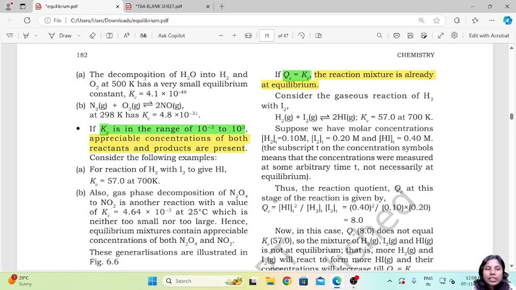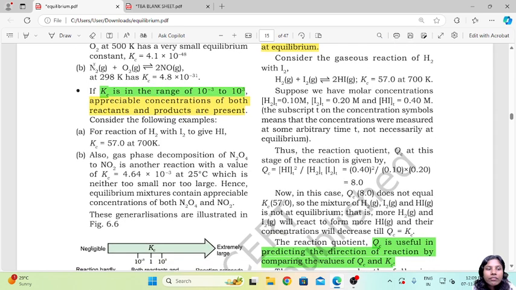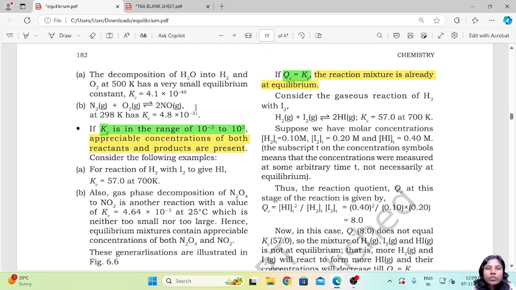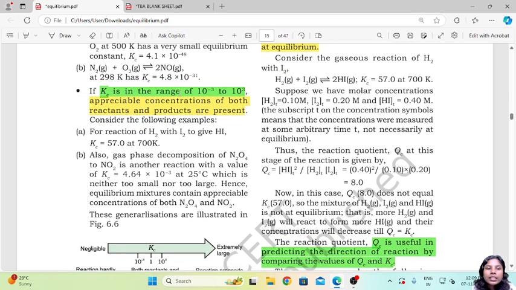So here we can say that a lot of H2O is still remaining on the reactant side, not getting converted to the products. In the same way, for N2 plus O2 giving NO, here also we have a quite small value of equilibrium constant. So we can say that the reaction rarely proceeds.